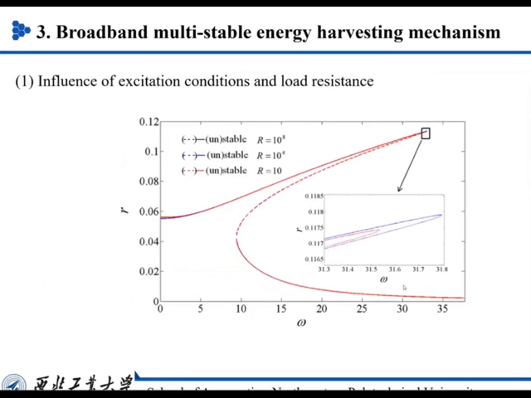But the interesting one is the change of the load resistance. We can find the load resistance also has an influence on its response displacement, but not as obvious as on power.